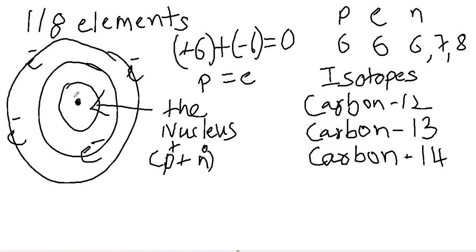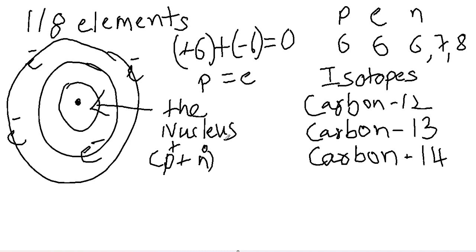The number 12 is the sum of the protons and the neutrons, 6 plus 6. The number 13 is the sum of protons plus neutrons for that isotope, 6 plus 7. And finally, carbon 14 is produced from the sum of 6 protons plus 8 neutrons. So if you were to find a carbon atom, it would be one of these 3 atoms.